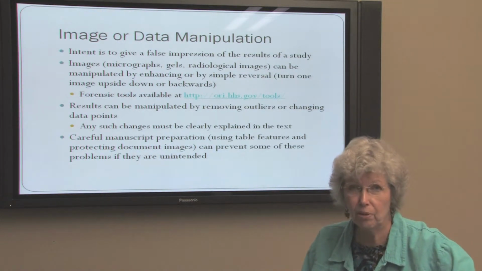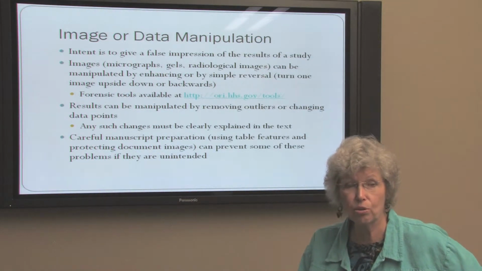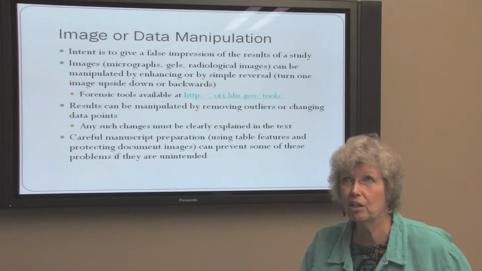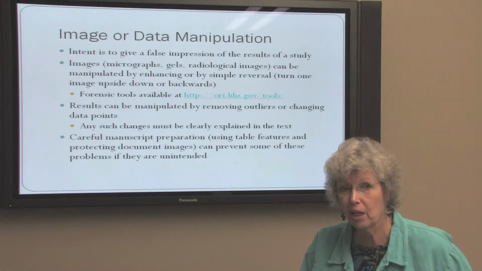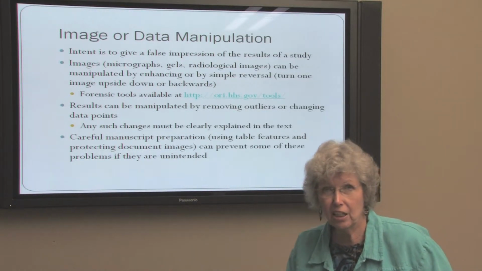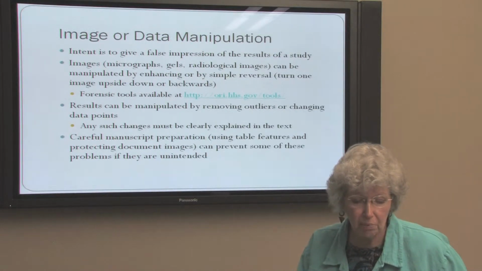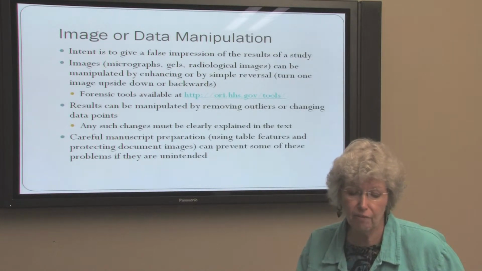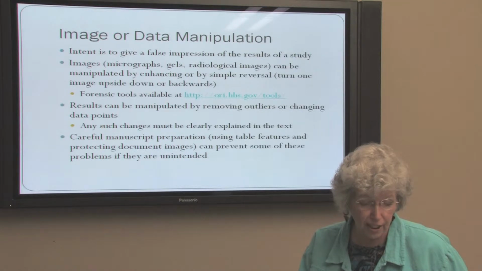Some journals publish, for example, gels or radiographs or other kinds of images that are generated by experiments. If the data or the images are manipulated, the intent is to give a false impression of the results of the study.